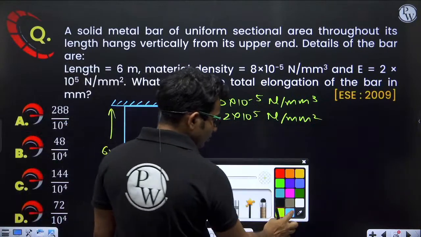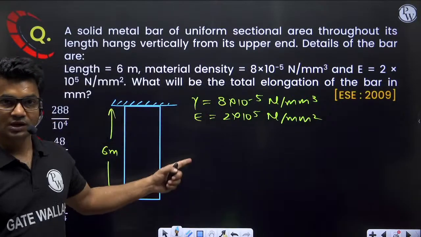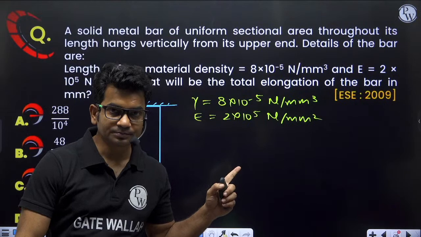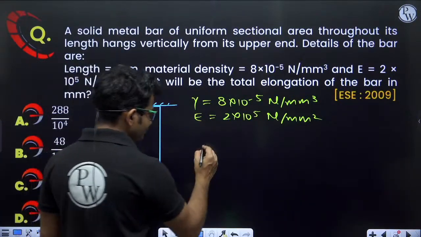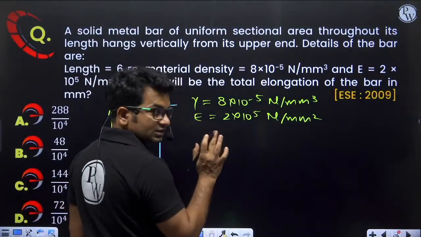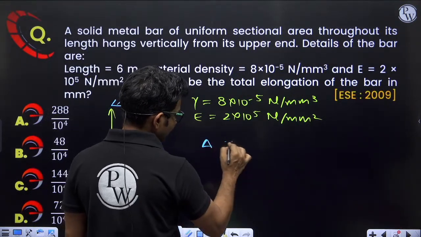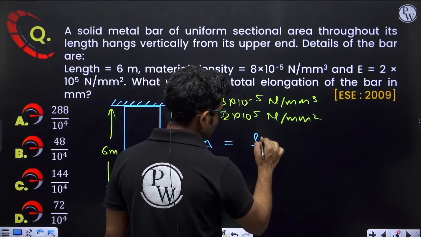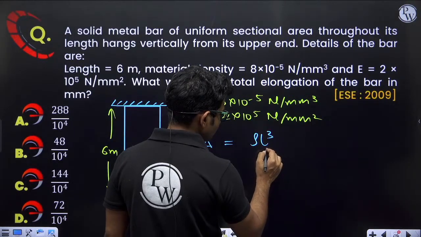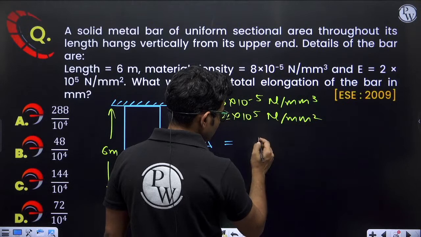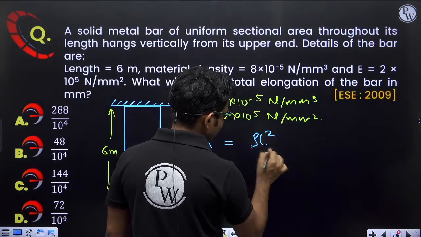Do you know the formula? The elongation is due to self weight. So elongation due to self weight, delta, is equal to rho L square upon 2E.